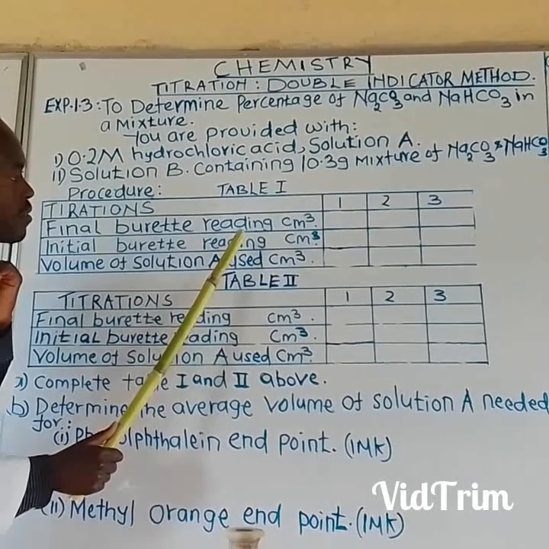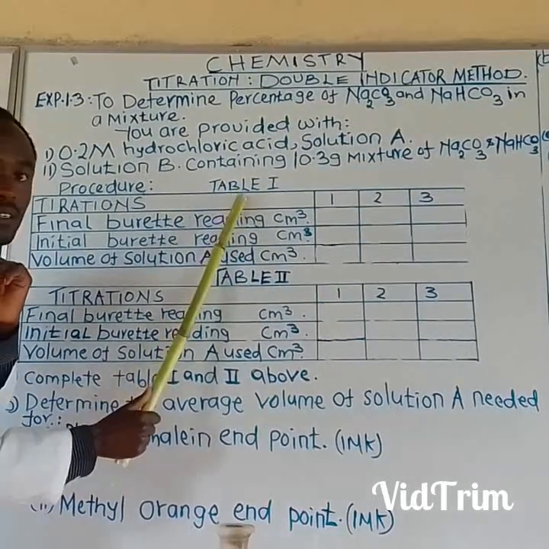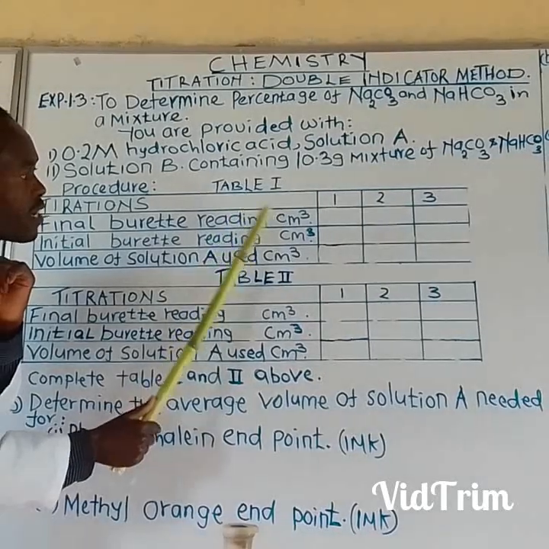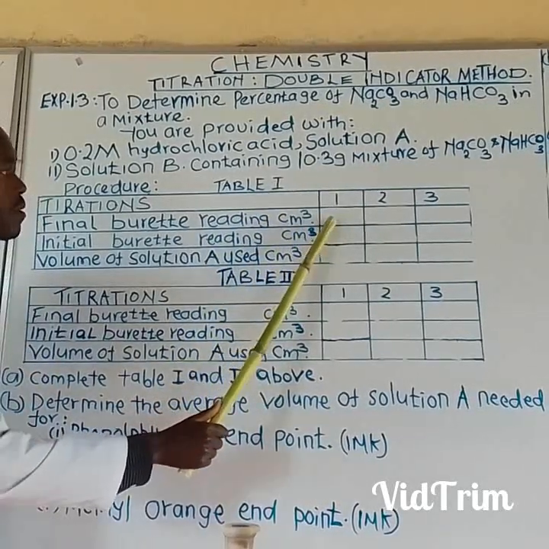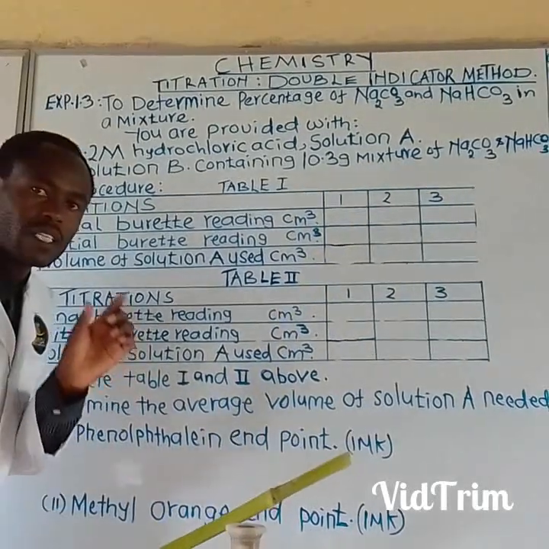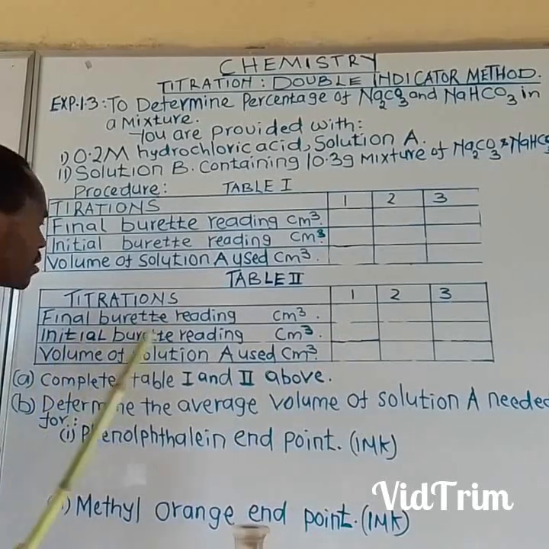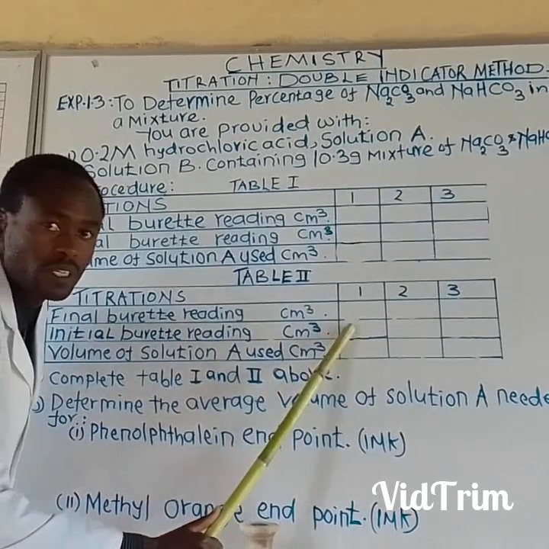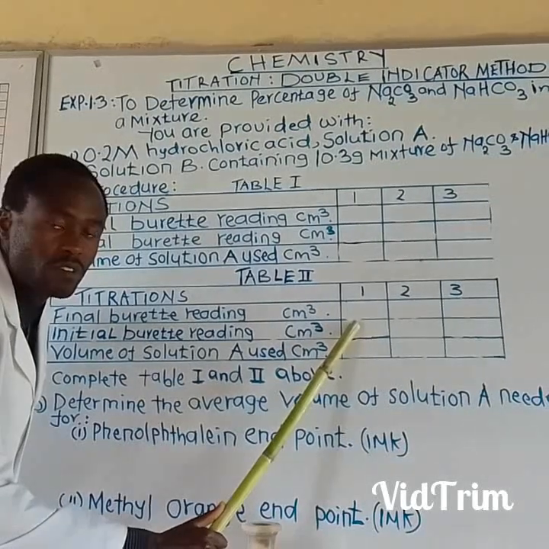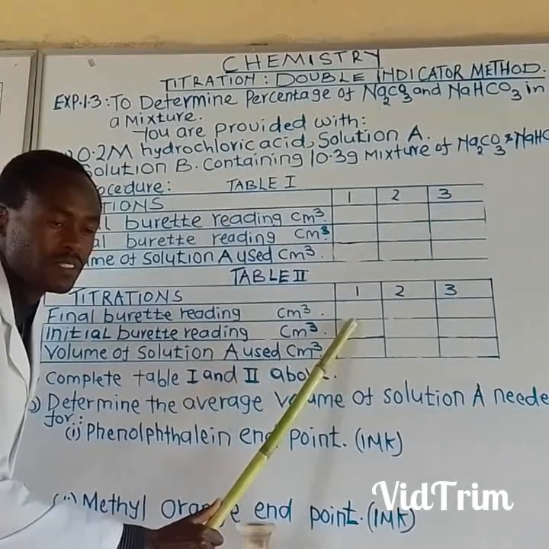In titration, the final value in table 1 will be your initial value in table 2. That one will be your initial value in table 2. Are you getting? So follow me and see how interesting it is. Is it okay, my student?